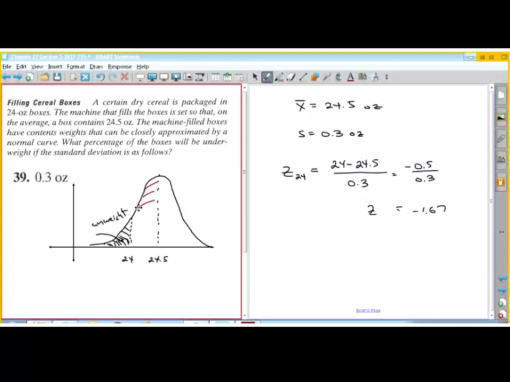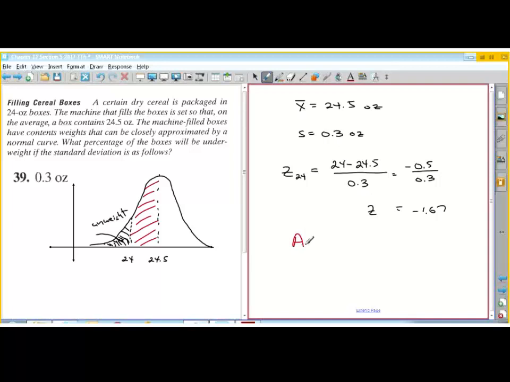Let's make a red crosshatch here. That's the area that the curve is giving me. The area associated with the z-score, and I'm going to use positive 1.67 because the table doesn't go to negative. I look up the area associated with z of 1.67, I get 0.453. So the black area here is equal to 0.5 minus the red area.